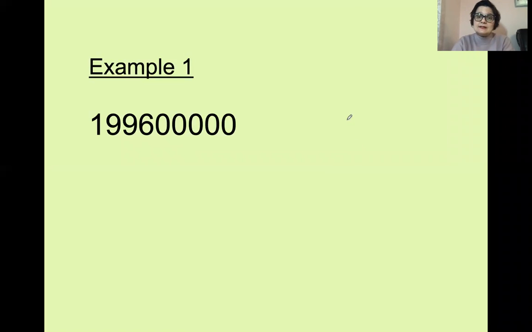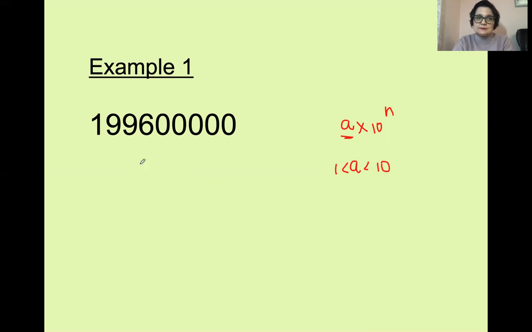Remember something, that the number in front of the standard form, so this is the general form of a standard form, okay? A here should be bigger than 1 and smaller than 10, always.